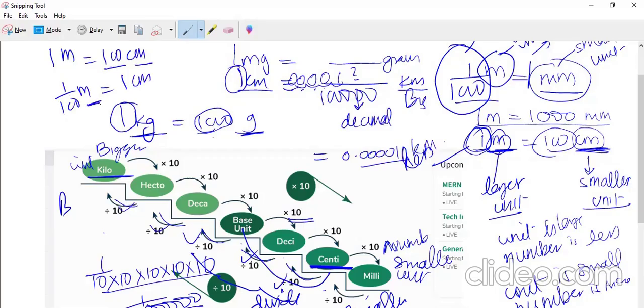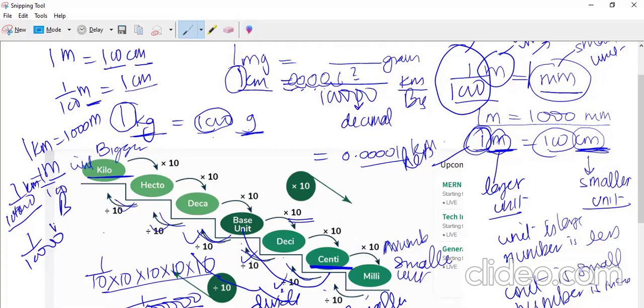Then we know 1 kilometer is 1,000 meters, so 1 meter is 1/1,000 kilometer. 1 centimeter is 1/100 meter, so we divide this again by 100. So it will be 5 zeros again. But this is more confusing. This was easier.